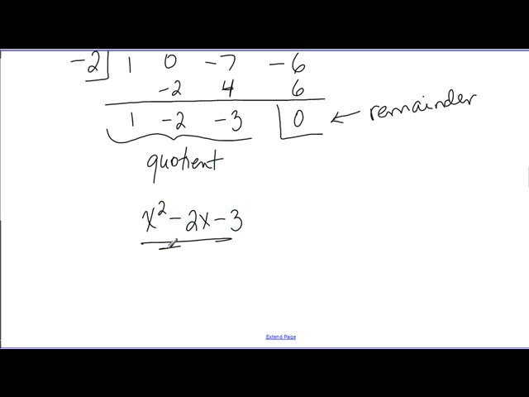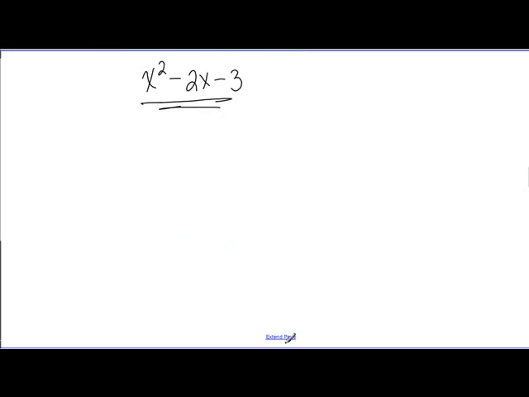Okay, now one other thing I want to do with this same problem. Think about if we write this function f of x, x cubed minus 7x minus 6.